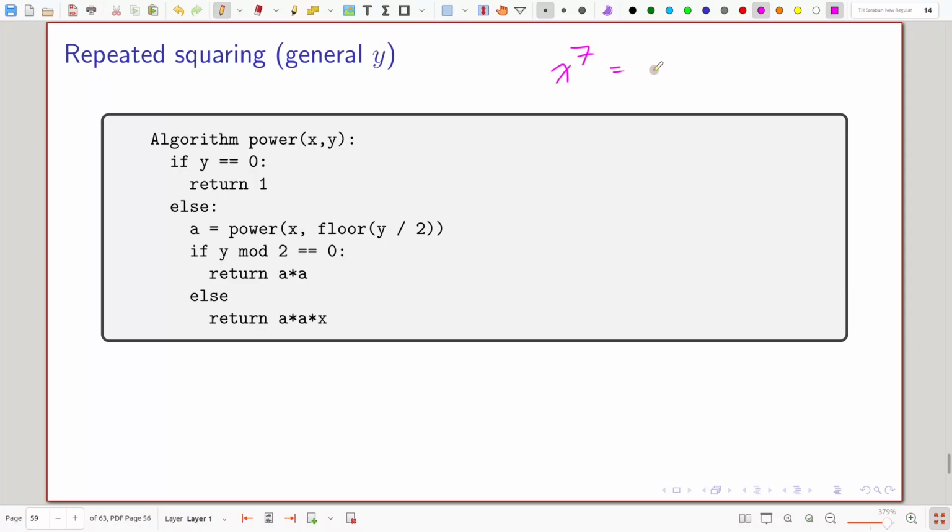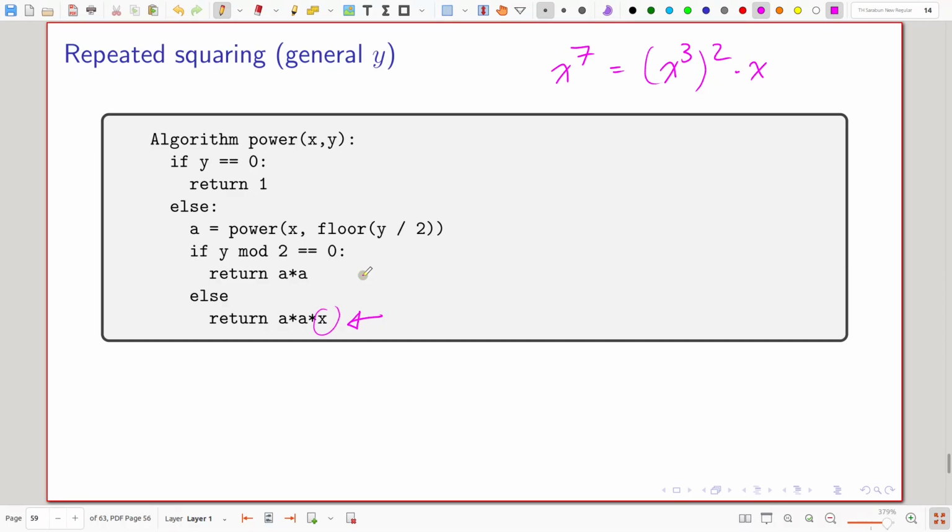You compute x to the 3, then square it, and then multiply it by x. When the number is even, you just compute x to the floor of y over 2 and then square it. Otherwise, you miss 1, right? So you need to multiply by x here.